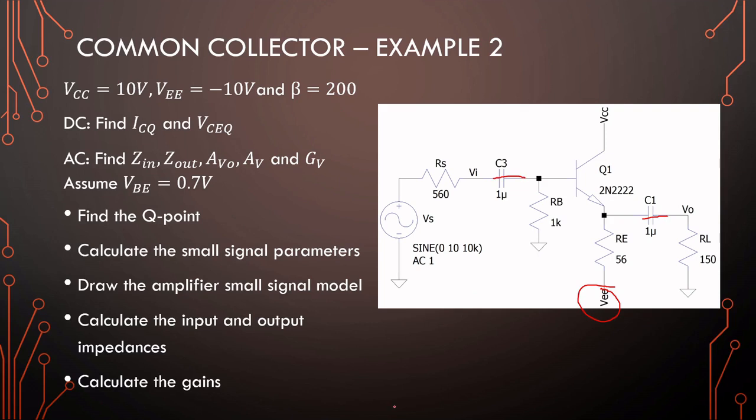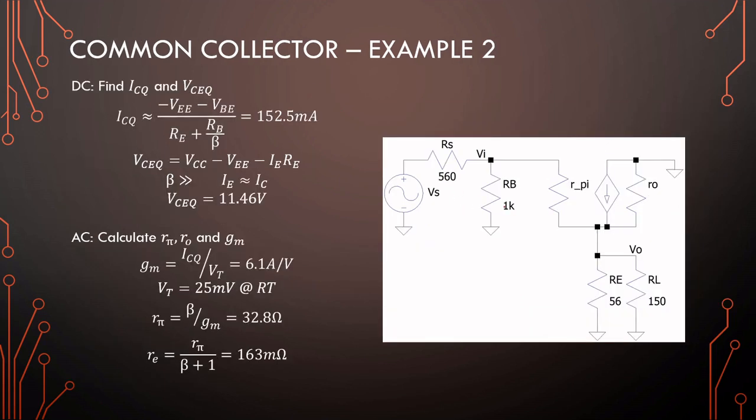If we short those, this becomes a ground, that becomes a ground, and our model will look exactly the same as the previous one. Just now the biasing is a bit different, we have minus VEE minus VBE over RE plus RB over beta.